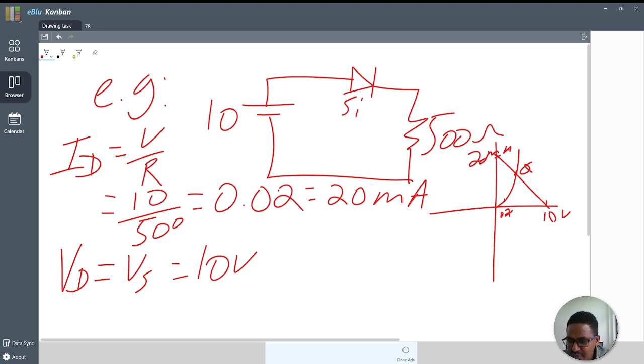When the key point is moved horizontally, we can determine the IDQ. Let's say this is 18.5 milliamperes, and the voltage is assumed to be 0.78 volt. This is an assumption, but the graph must be scaled perfectly.